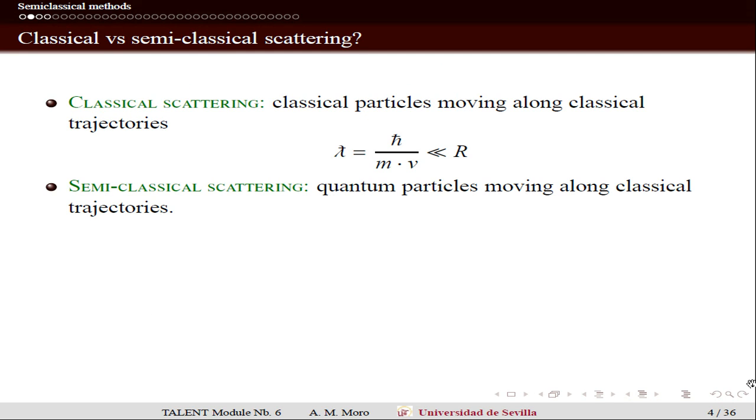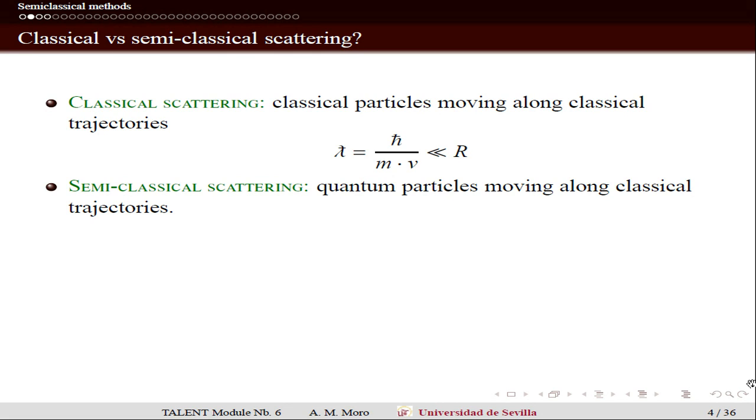We can distinguish between what would be pure classical scattering, which consists of classical particles moving along classical trajectories, and this requires that the wavelength should be much smaller than the size of, for example, the nucleus in this case.